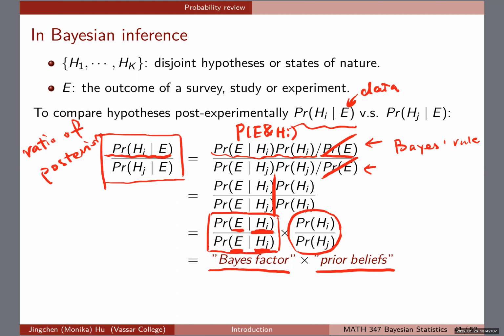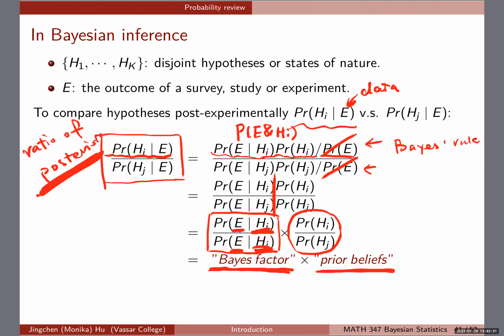But what I want to show you here is that when we're comparing posterior probabilities of two different hypotheses, it boils down to comparing the product of the Bayes factor multiplied with the prior belief. So you can have your prior belief, whatever it is, and then the Bayes factor, which is driven by the data as well as the different hypotheses.